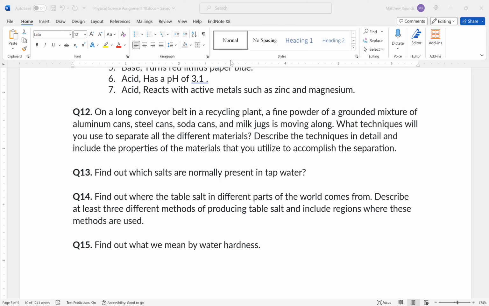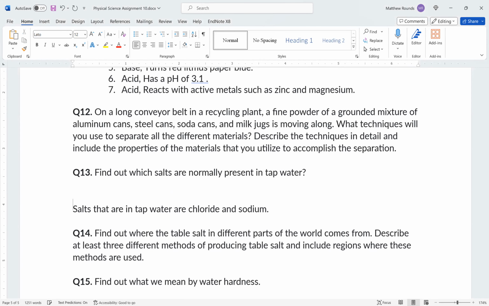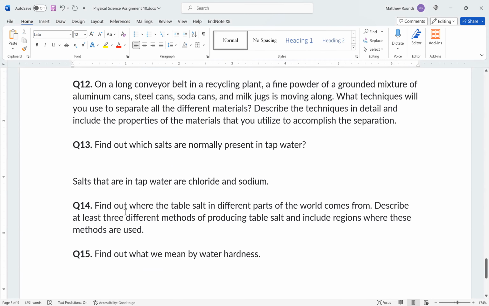All right, there we go. Okay, excellent. All right, let's keep the salt theme going. Find out where the table salt in different parts of the world come from.